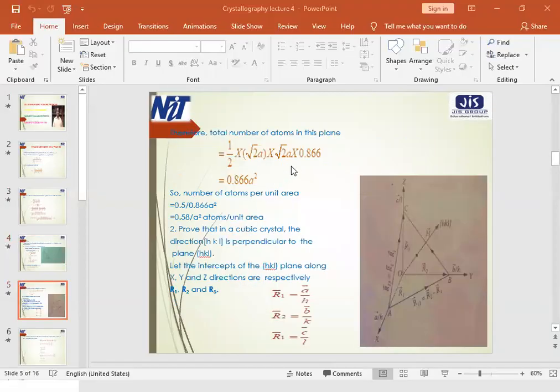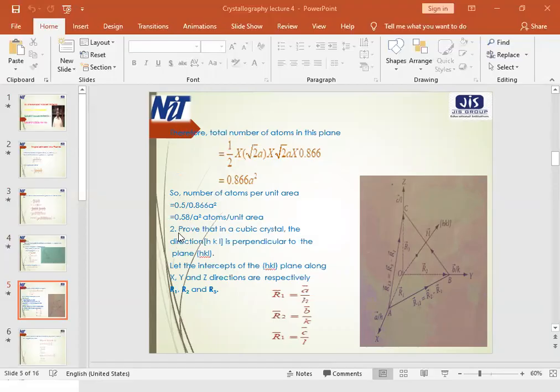So the total number of atoms in this plane will be half, and if this is the total area, then the number of atoms per unit area will be 0.5 by 0.866 a square. Due to that, we get 0.58 by a square atoms per unit area.